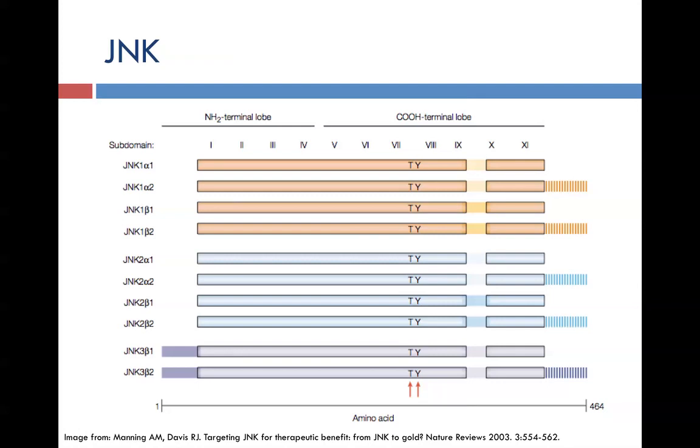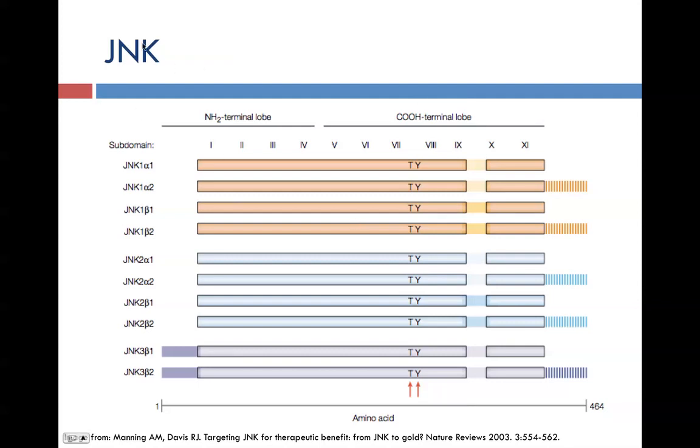MAP2Ks. So as Tosh explains in some of her slides earlier, we have these things called MKKs, or MAP2Ks, which is synonymous. Whenever you see something like MAP2K or MKK, that's going to be a kinase of a kinase.